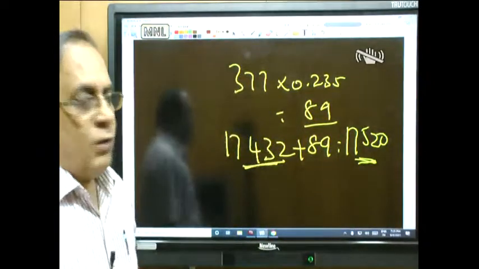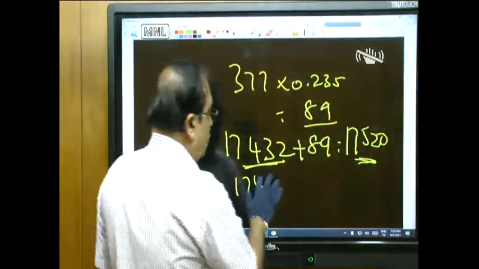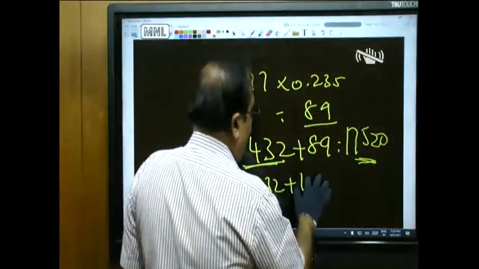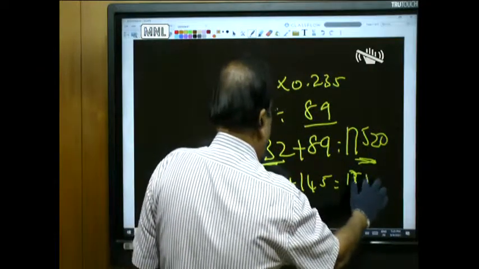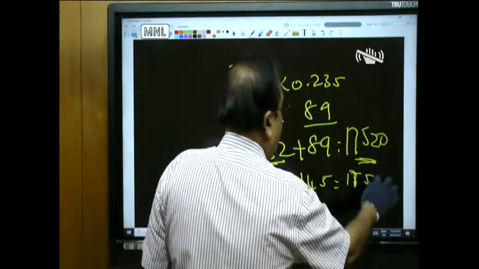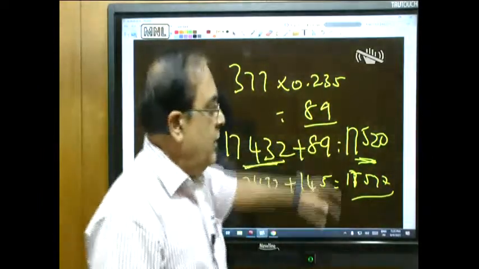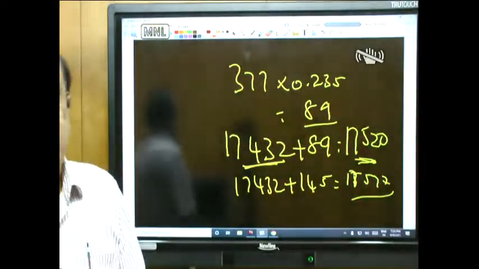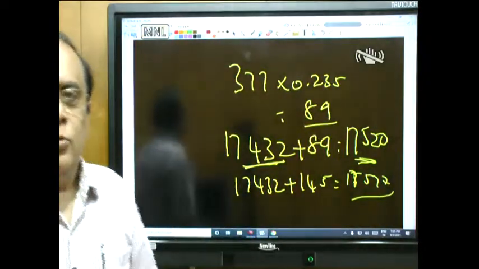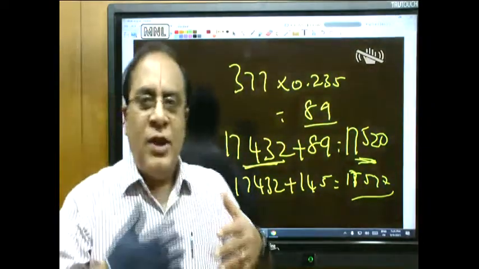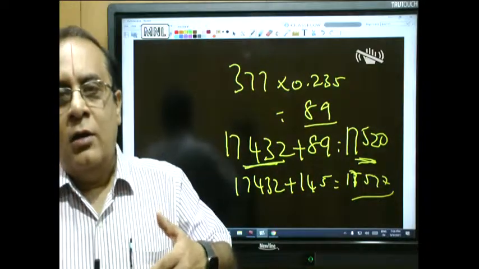Similarly, the next is the 145, 150 points which we saw. So 17,432 plus that 145 points or so, 17,577. So you can use all these things for trading. Now, the 377 points which we have, that into 0.235, that into 0.386, you can use that same figure on the upside, whatever you want.